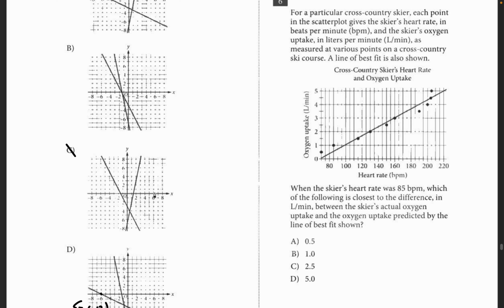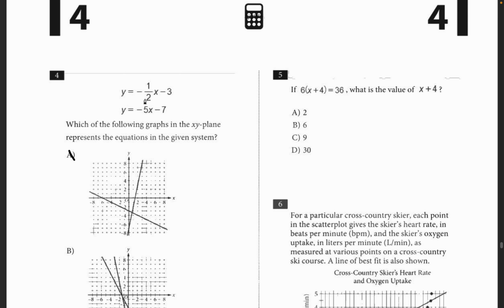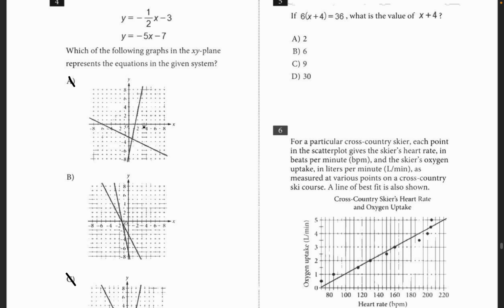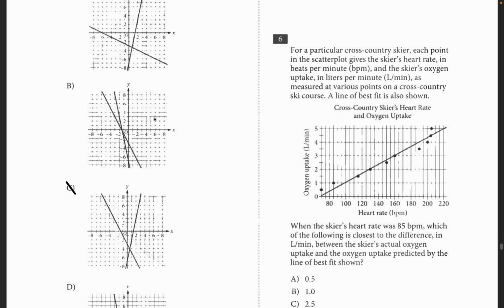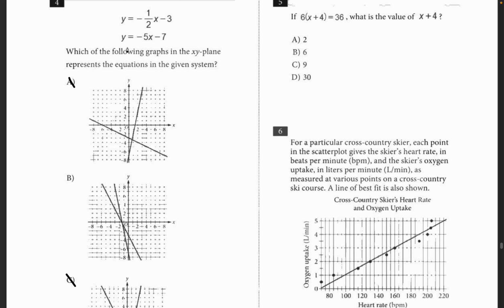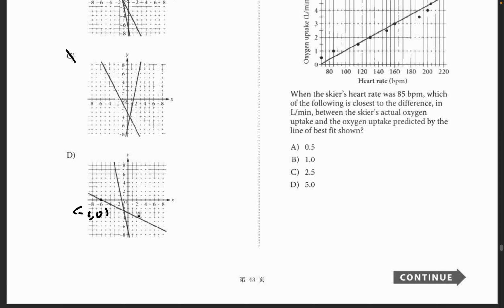Let's plug that into one of these. -1/2 of -6 is 3. 3 minus 3 is 0. So that might be the line y equals -1/2 x minus 3. And does it hit? Yes, it does. So that looks good.